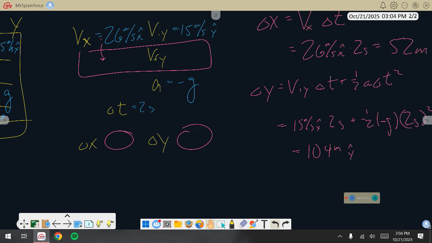Yes. Should acceleration still be negative g? Yes. Should time still be 2 seconds? No. At a different location, it's going to take longer or shorter to get there. I don't know what time is. So what do I do mathematically to ask the question, where does this hit the ground?